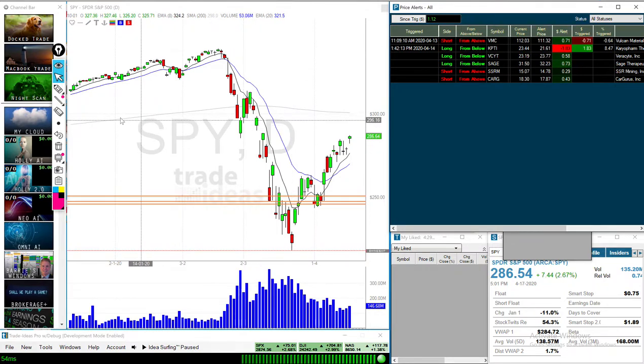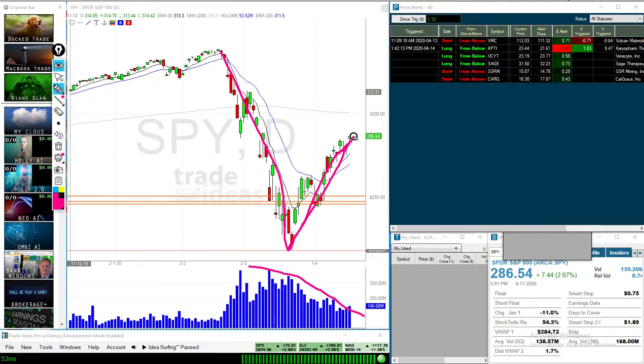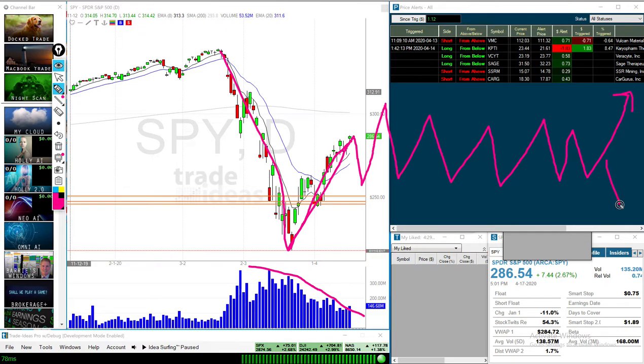So let's start with the market. Here on the market, essentially we're just getting continuation of what we had last week, this slow grind bounce up. People are looking at the declining volume and saying, well, it's still a dead cat bounce, and it could be. My theory behind this is that we're about to enter an area of chop and indecision while this whole coronavirus thing works its way out, and then we will get a move either one way or the other.